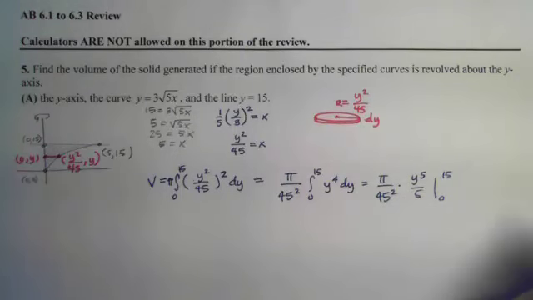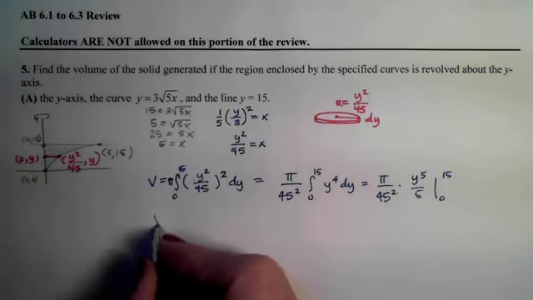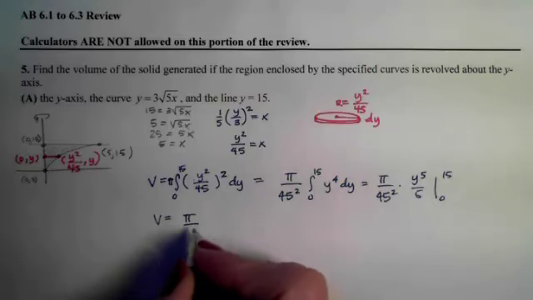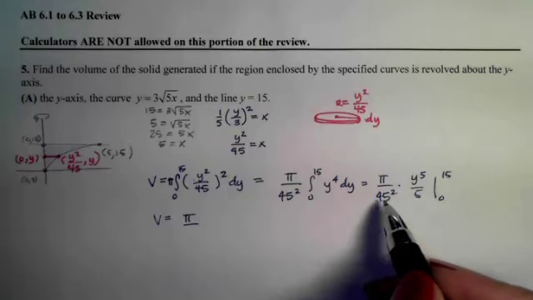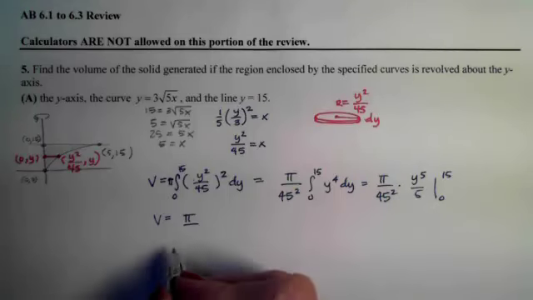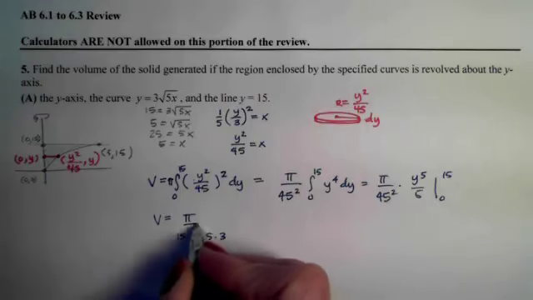So without a calculator, that means we've got to do some factoring to help us simplify this. If I plug in 15, I'm going to have a 15 to the 5th, and if I look at the bottom, that's actually a 15 times a 3 that's been squared. So I have a 15 times a 3 times a 15 times a 3.